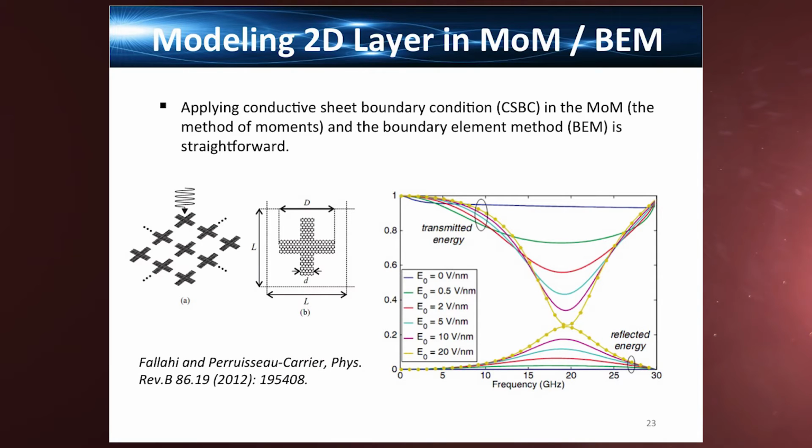Now, we need to implement this boundary condition in our method. When you are working with a method discretizing the meshing surface, such as method of moments or boundary element method, there is no problem. You can easily implement the boundary condition and model it in this method. For example, some researchers have done simulations using method of moments.